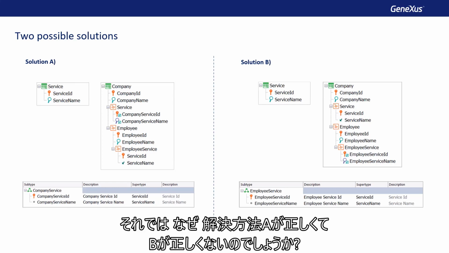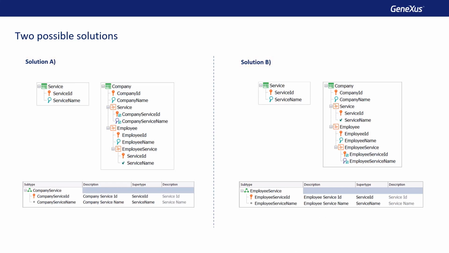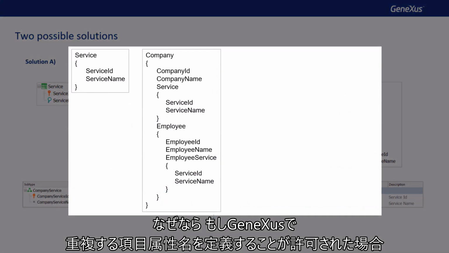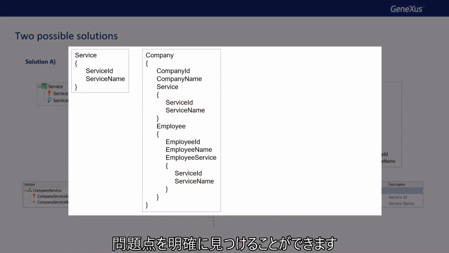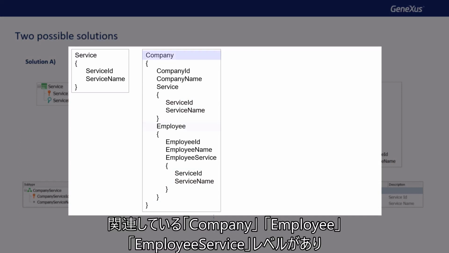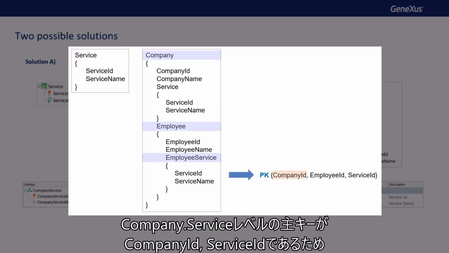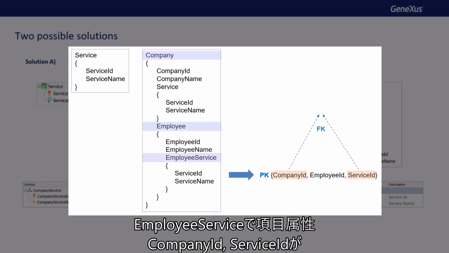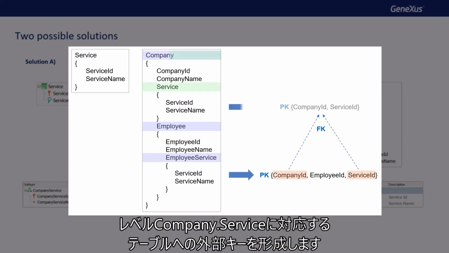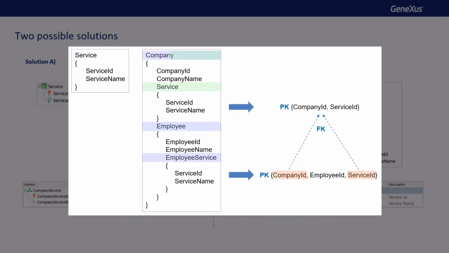Why then is the correct solution A and not B? Because if GeneXus allowed us to repeat the same attribute name, it would clearly find that in the table associated with the level company.employee.employeeService, with primary key company ID, employee ID, service ID, the attributes company ID, service ID would form a foreign key to the table corresponding to the level company.service, because its primary key would be company ID, service ID.